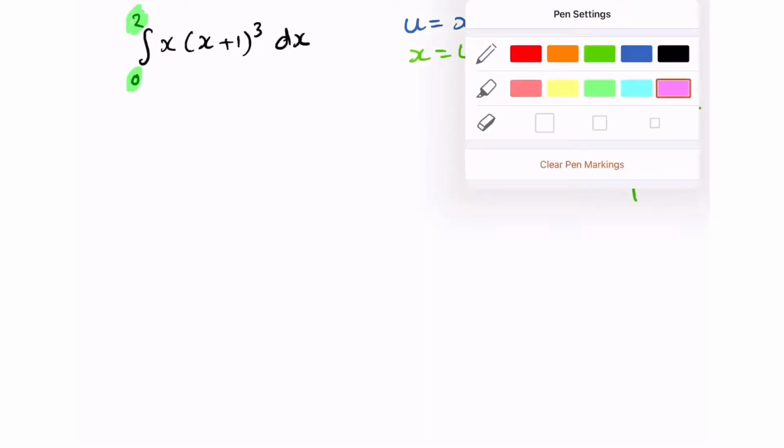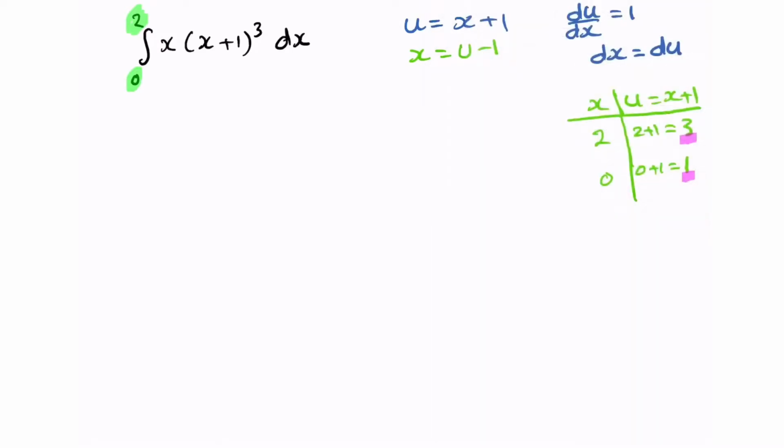Now we can do the question here as well. Let I equal the integration. The new limits are when x is 0, u is 1, and when x is 2, u is 3. Instead of x, I write it in terms of u, so that will be u minus 1, times u to the power 3, and du.